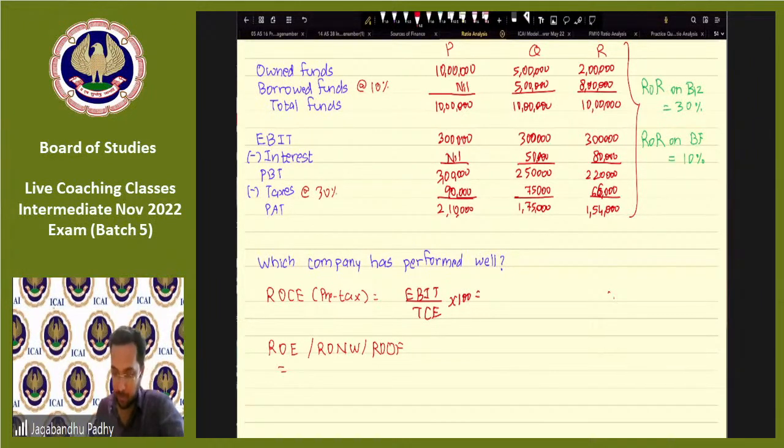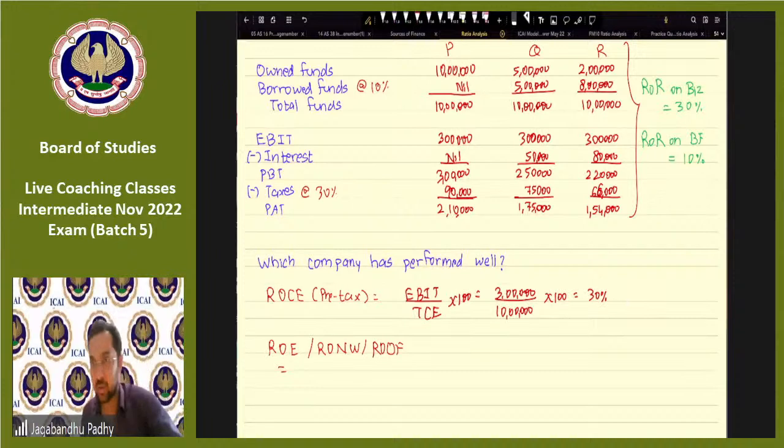So return on capital employed is 3 lakh divided by total capital employed of 10 lakh into 100, which is 30%. Obviously, everywhere it is 3 lakhs, so it's 30%.